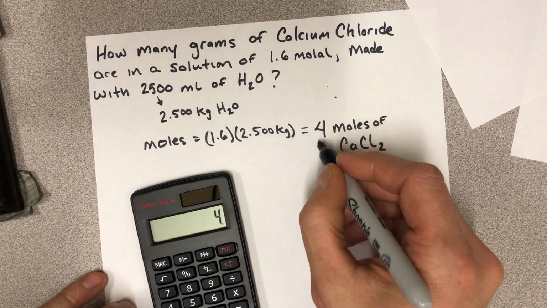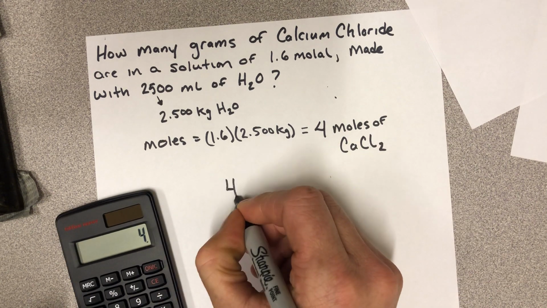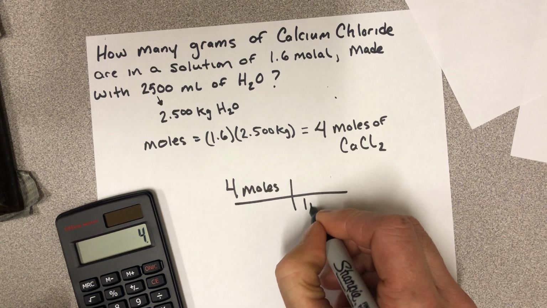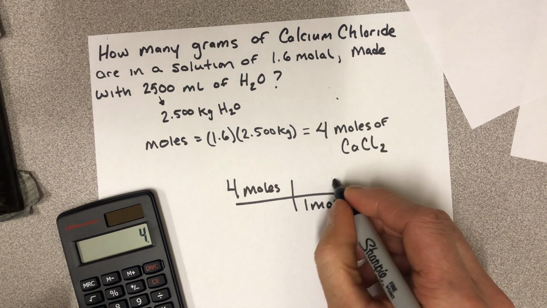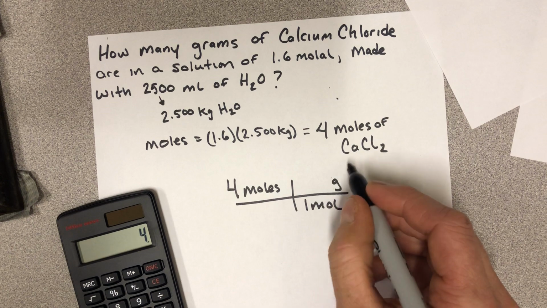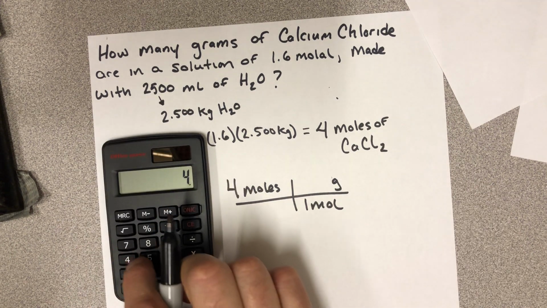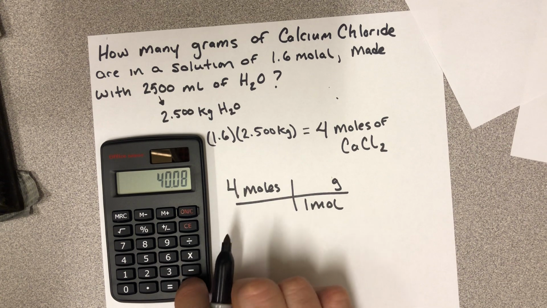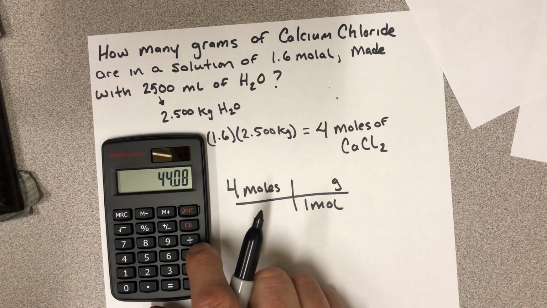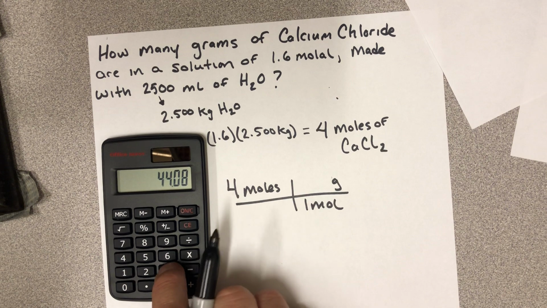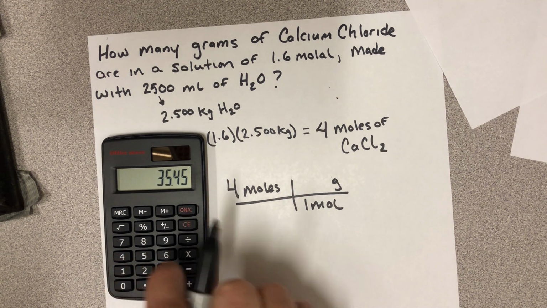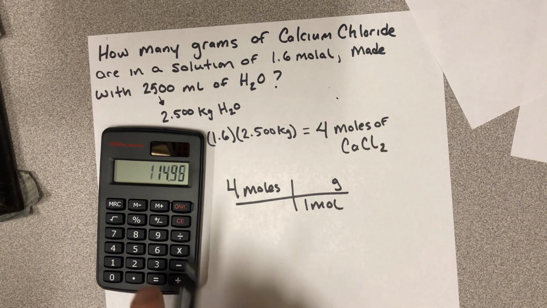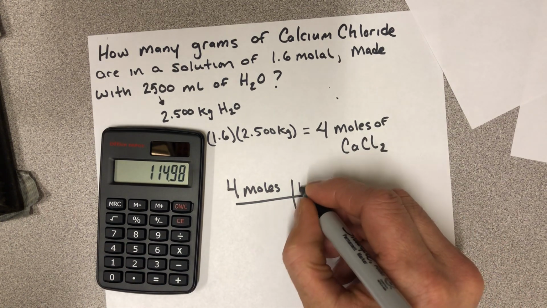So we need to convert this number of moles into grams, and we know how to do that. 4 moles, 1 mole down here, and the molar mass of the compound is going to go here. So calcium is 40.08 plus 2 chlorines, 35.45 plus 35.45, equals 114.98.